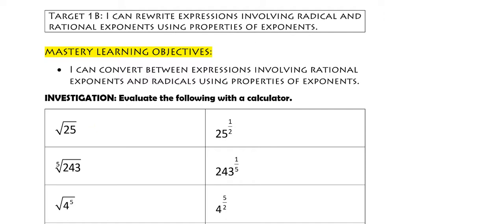You should have seen that the square root of 25, or should have known that is 5, and 25 raised to the 1/2 power is also 5. The fifth root of 243 is equal to 3, and 243 raised to the 1/5 power is also 3.